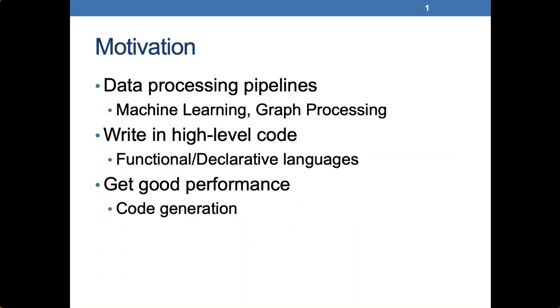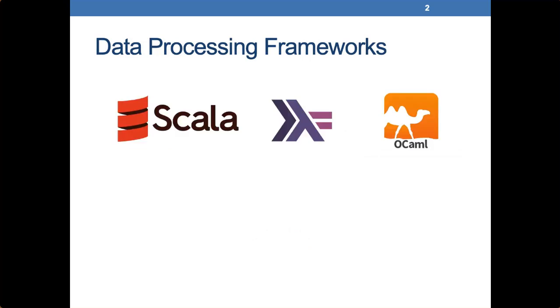Let's give some examples for the data processing frameworks. In functional languages such as Scala, Haskell, and OCaml, we have, in the standard library, functional collections such as list, which expose higher order functions such as map, filter, fold, which are basically simplifying the processing of a collection of data elements.